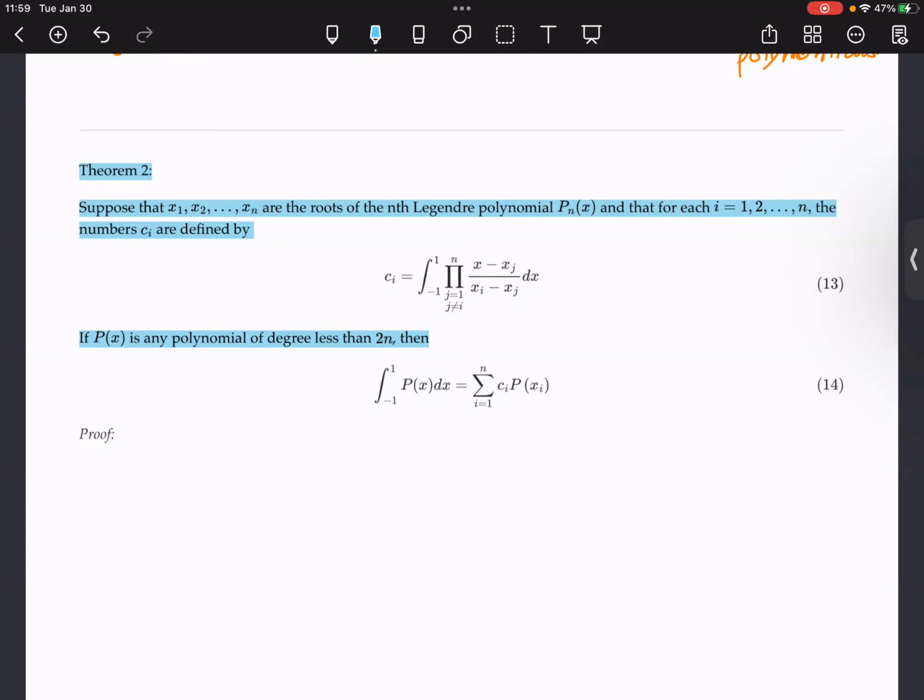You will see that the roots here are symmetric about the origin 0, right? You will see if n equals 2, and this is the interval -1 and 1, we are doing the integrations over -1 and 1. If you solve n equals 2, this is P2, the second Legendre polynomial.